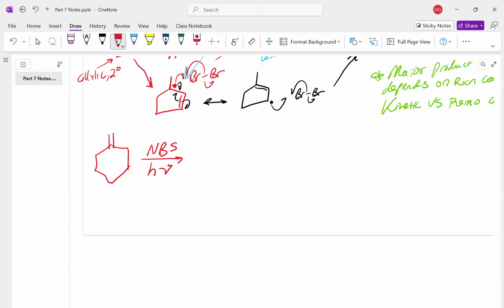Well, in this case, we don't have two different allylic positions. It's either here or here, and those are exactly the same. Hopefully you can recognize that. So putting it on one side is the same as the other. So let's draw that allylic radical.